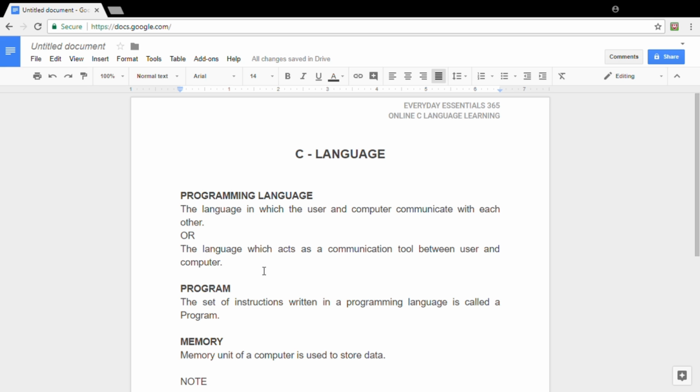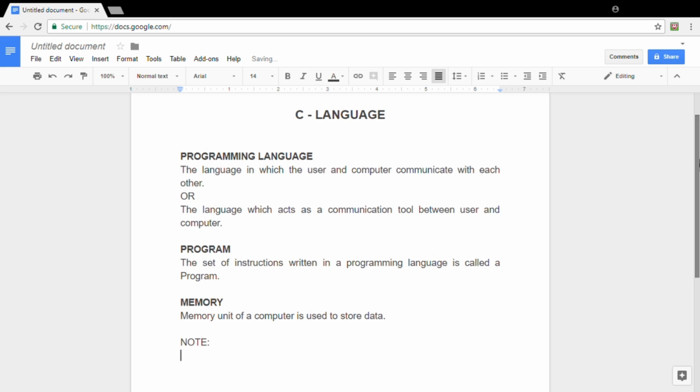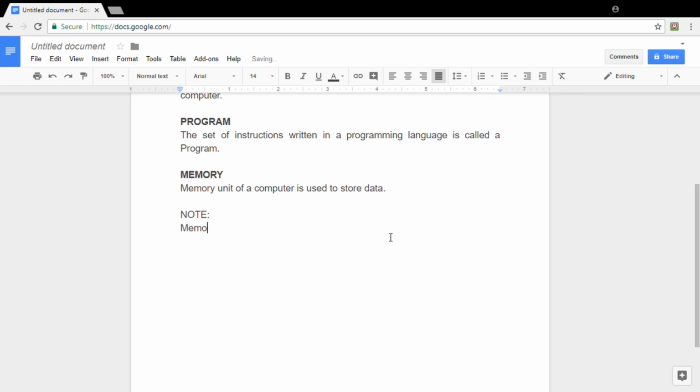So here is an important point. Memory is classified into primary memory and secondary memory. So let's see the definitions of primary memory and secondary memory. Primary memory.